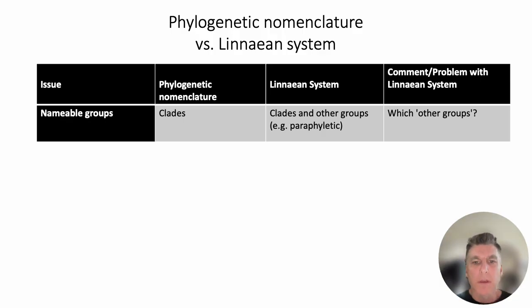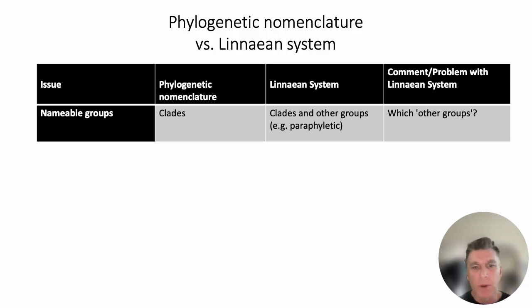So let's start with what groups are actually nameable. What are allowed things to name in terms of taxonomy? Phylogenetic nomenclature is very clear that one of its tenets is that you only name clades, you only name evolutionary lineages. In the Linnaean system, as originally formulated, clades could be named.